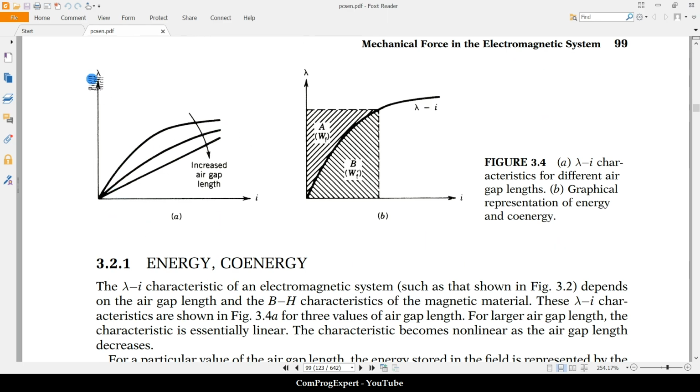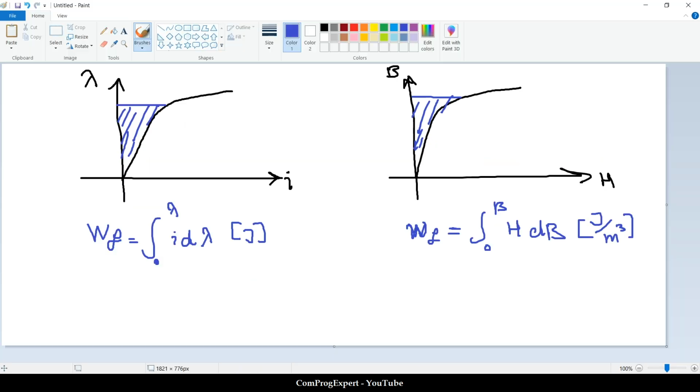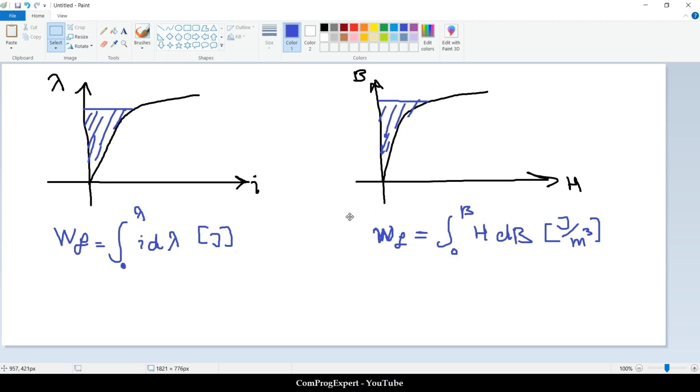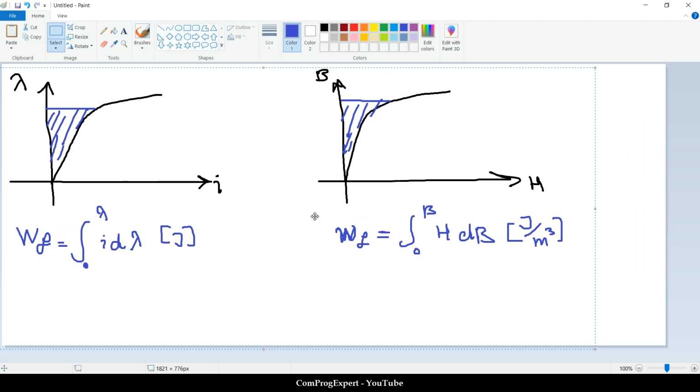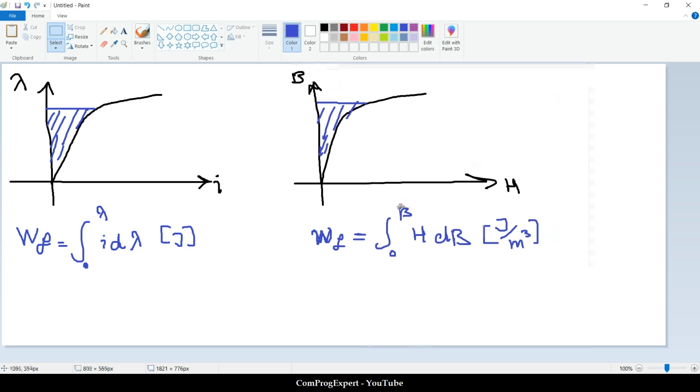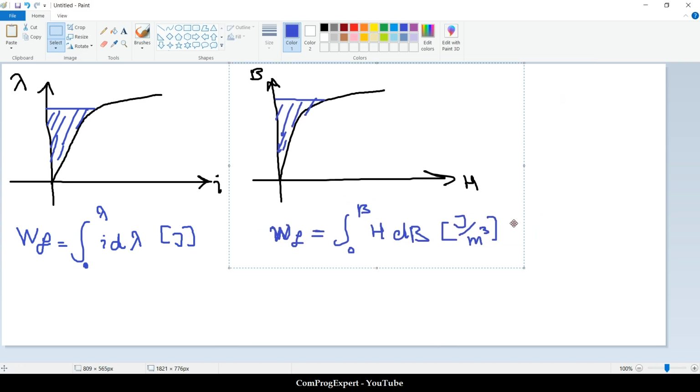We know that when we increase the air gap thickness, we increase the value of the reluctance and reduce the inductance. So we have these curves.